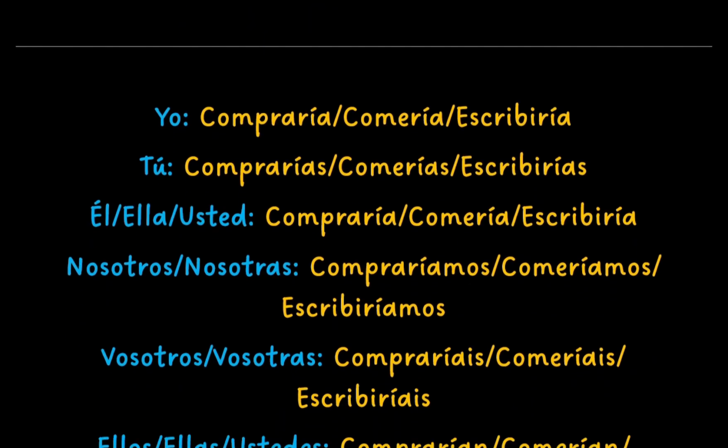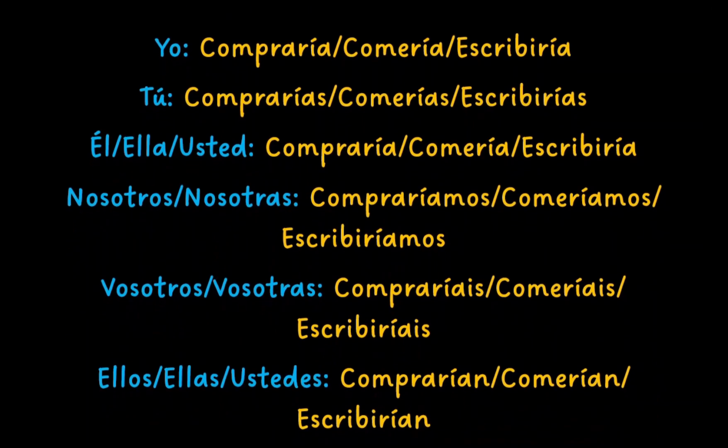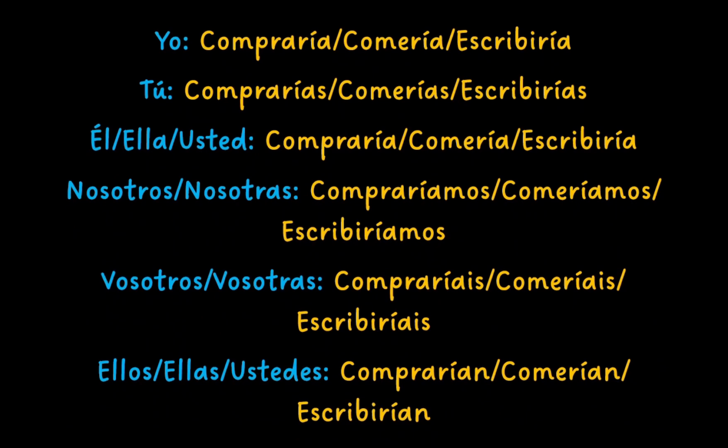And finally, to review these conjugations, for yo it's compraría, comería, and escribiría. For tú it's comprarías, comerías, and escribirías. For él, ella, and usted it's compraría, comería, and escribiría.